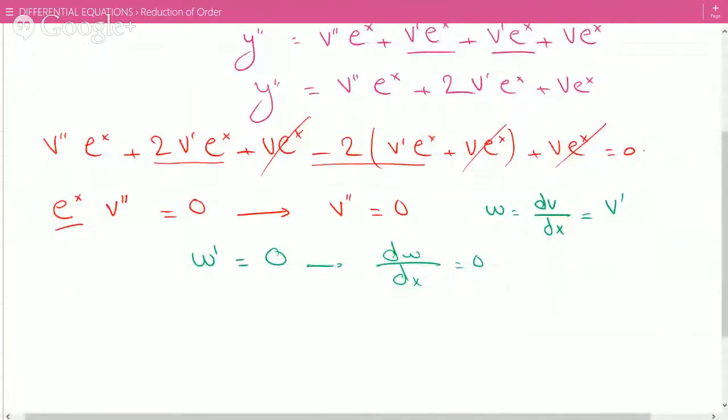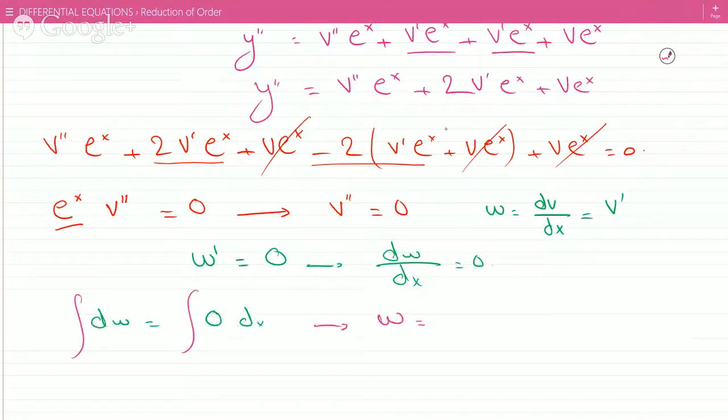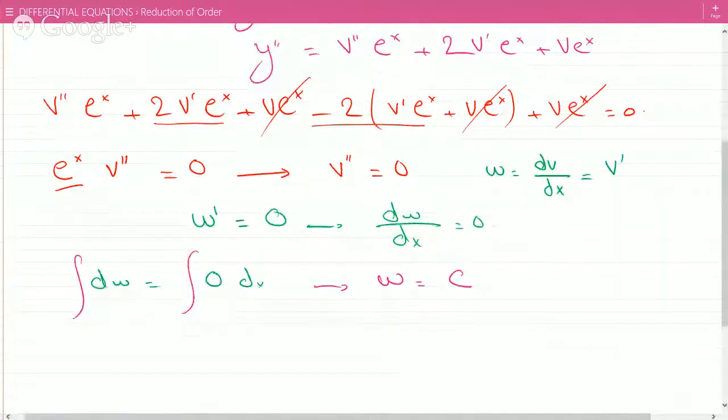So that means dw equals 0 dx. And then you can integrate both sides. And as you know, dw is w, and 0 will just be some constant c. Yeah? Okay, fair enough.